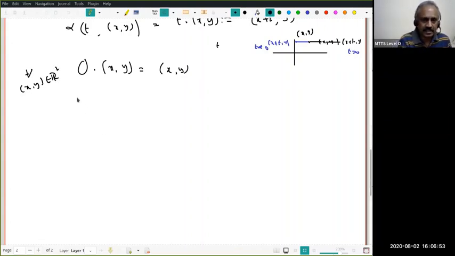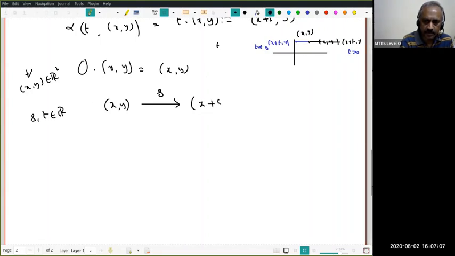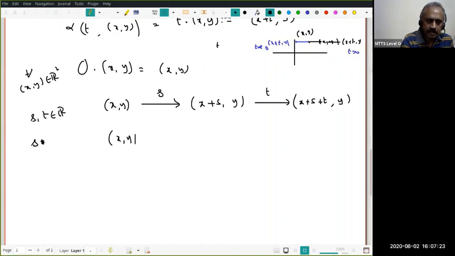The next thing I can ask, let us look at two elements S and T in R. Let us look at XY. Let S, then T act on that. Where will it go? Under S action, it will go to X plus S, Y. Now T acts on that. Where does it go? T gets added to the first coordinate, that is X plus S plus T, Y, right? On the other hand, let us look at S plus T. The group operation is addition, therefore the product of S and T will be S plus T. So when S plus T acts on that, where does it go?